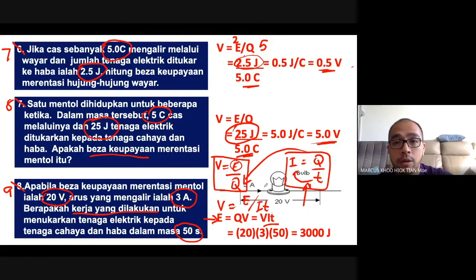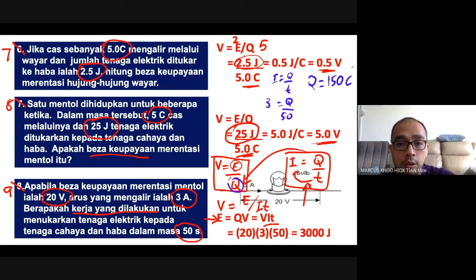So if I were to do this, let me change color so it's easier for you to see. I equals Q over T. So my I is 3 equals Q over 50. So my Q equals 150 coulombs.